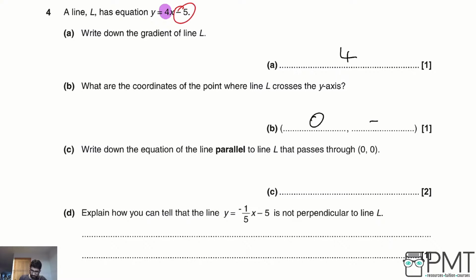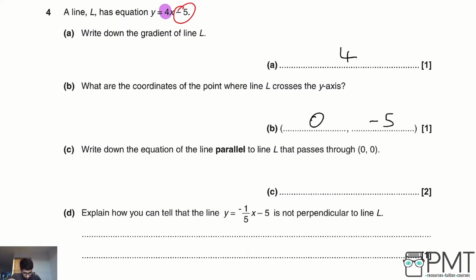So 0, minus 5. You can see that in the previous question we were given where it crosses and asked to write the equation. Now it's the opposite. We are given the equation, but we identify where those are. Thank you, Alia. We have 4, and the crossing is 0, minus 5.